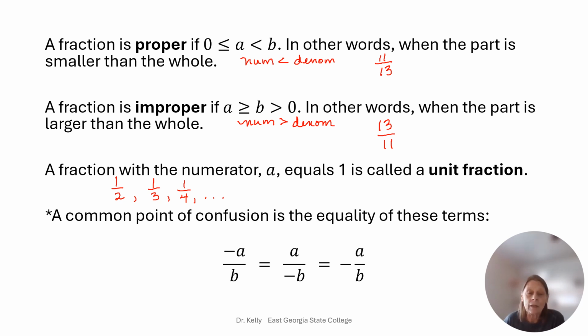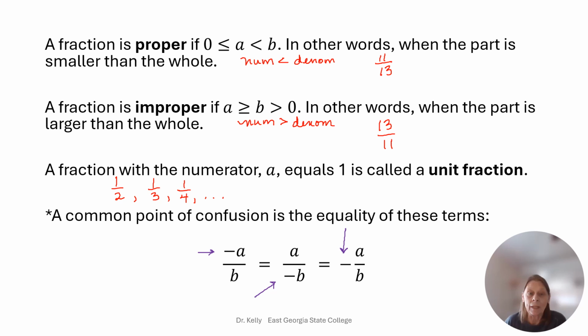Another thing I wanted to point out here is a big point of confusion that students have, even often as they go into college, because they don't get a clear understanding of it in their formative math years. It doesn't matter if a negative is in the numerator, in the denominator, or out front of the entire fraction.